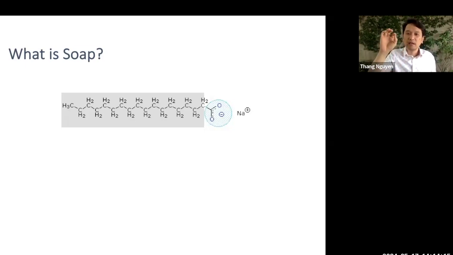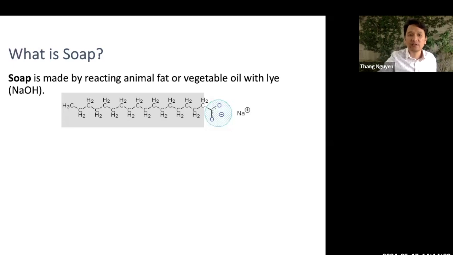That means the hydrogen of the carboxylic acid group was taken out. So therefore now it is a negative charge, because remember hydrogen is positively charged. If you take out one proton, you have this negatively charged anion. To balance that, we have a sodium cation to balance out that molecule. That's what soap is essentially.